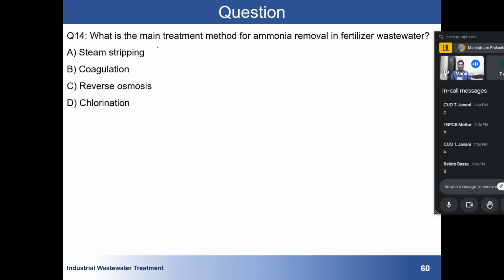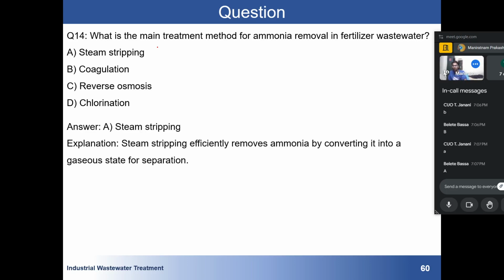Remember, ammonia is a gas, so generally it is easier to strip. Yes, steam stripping is a process. It efficiently removes ammonia by converting it into a gaseous state for separation. Okay, so in water it will be in the form of NH4 plus. So generally, what happens is that it is stripped in the form of ammonia.